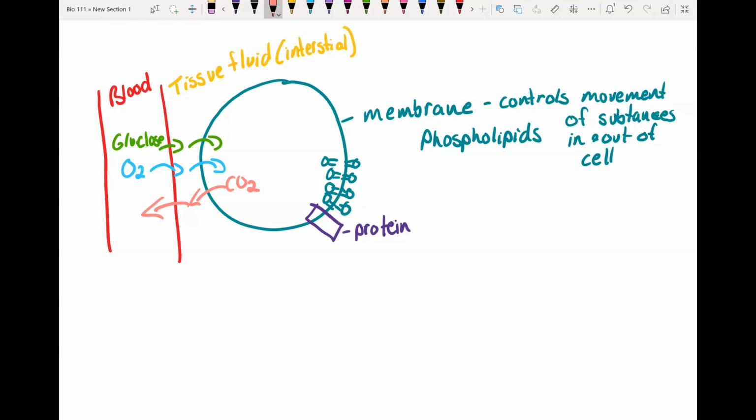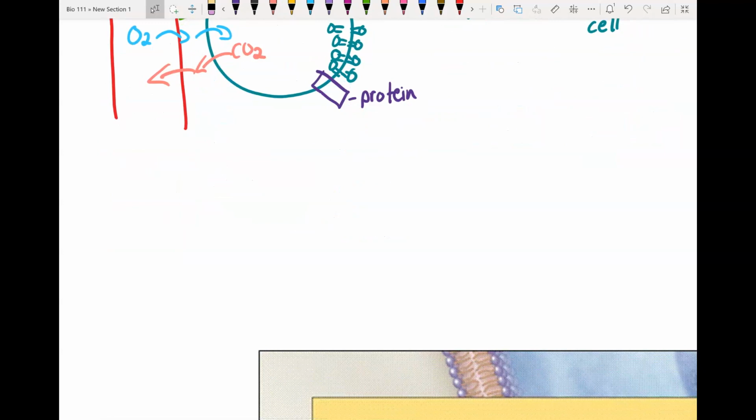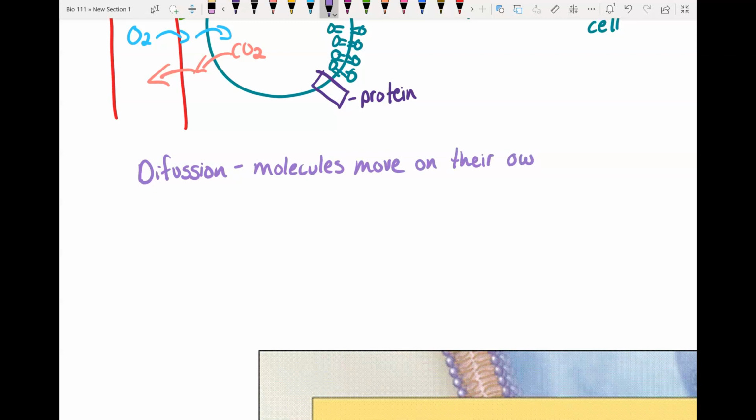We're first going to look at diffusion as a way for substances to get in and out of the cell. Diffusion is molecules moving on their own. And the simplest way to think of it is just that they don't want to be crowded.